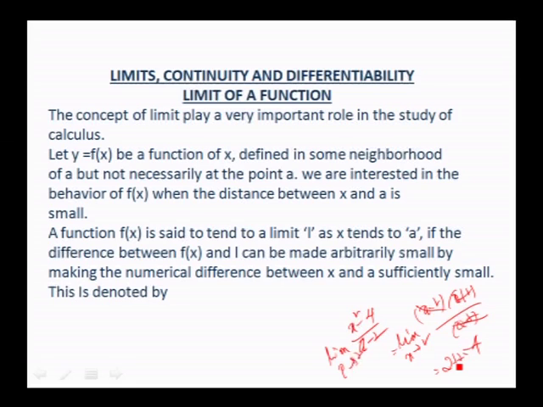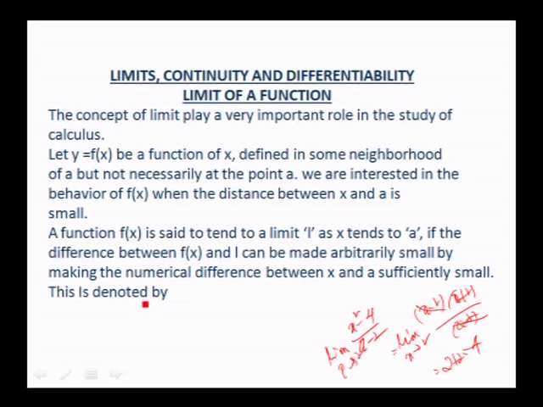Let y is equal to f(x) be a function of x defined in some neighborhood of a, but not necessarily at the point a. So we are interested in the behavior of f(x) when the distance between x and a is small. A function f(x) is said to tend to a limit L as x tends to a if the difference between f(x) and L can be made arbitrarily small by making the numerical difference between x and a sufficiently small.